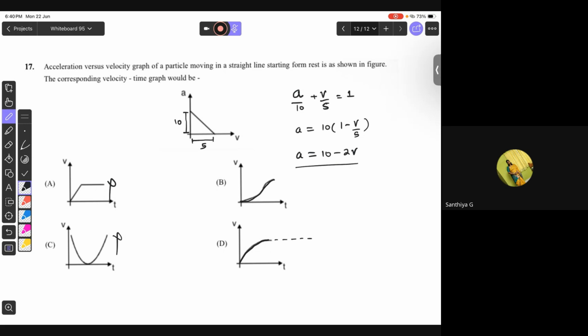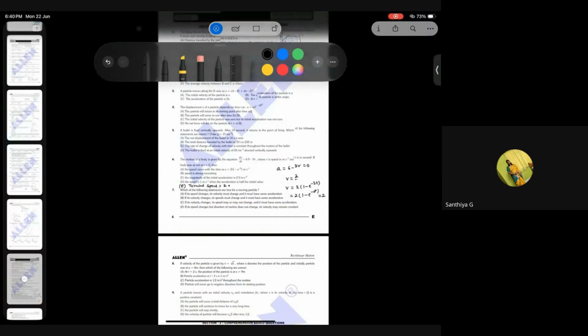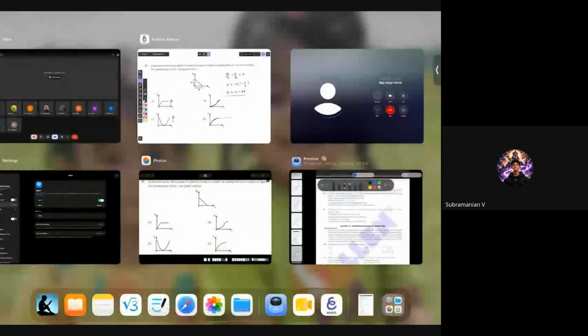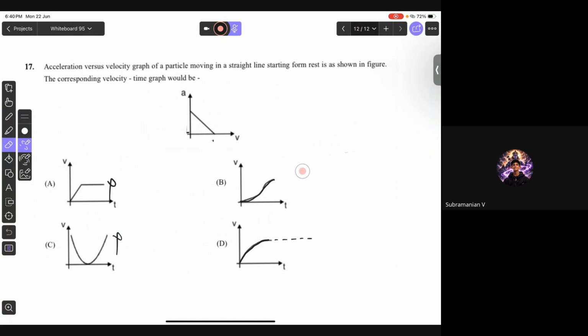Yes, sir. Correct. Sir, can you tell how you got those values 10 and 5 for that question? So 10 and 5, I'm just assuming, some other constants. If that 10 and 5 is confusing you, suppose this is V naught constant, and this is A naught. What is the coordinate here?